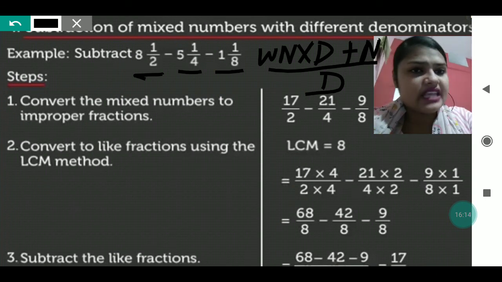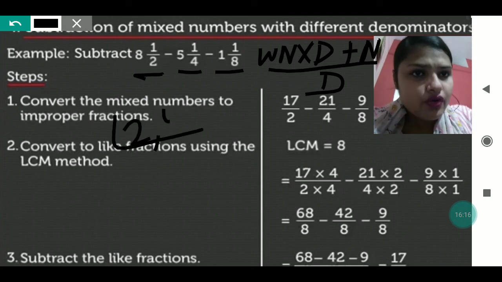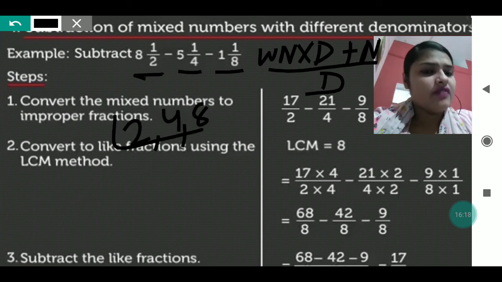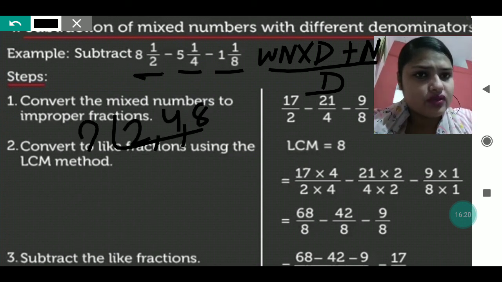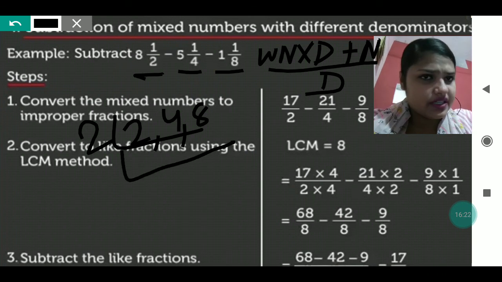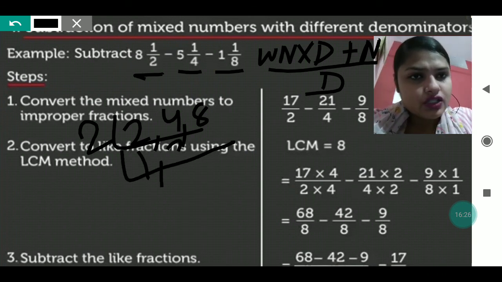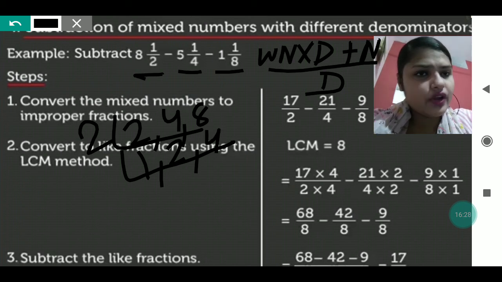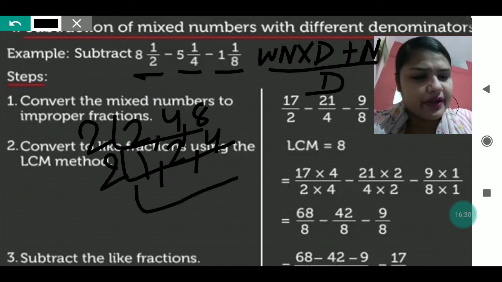You have to find the LCM of 2, 4 and 8. When you find the LCM, you first divide by 2, because all the numbers are divisible by 2. So you will get 1, 2, 4. Now again you divide by 2, you will get 1, 1, 2.